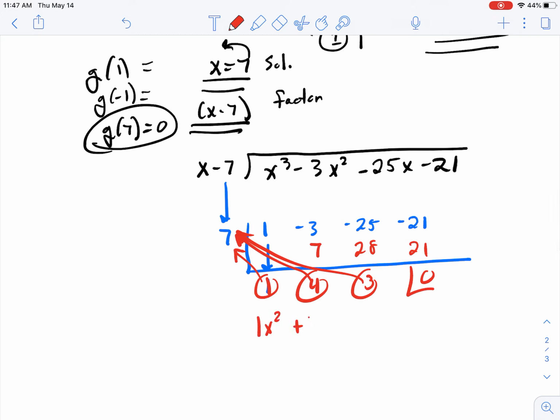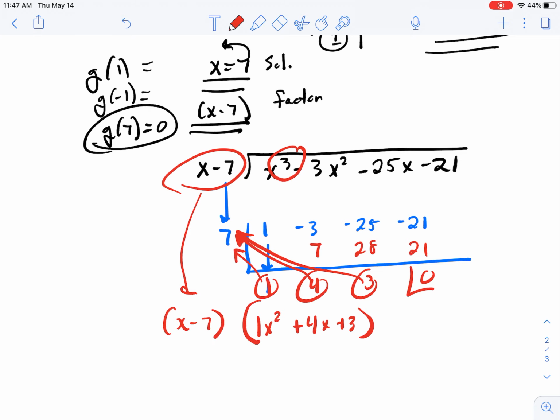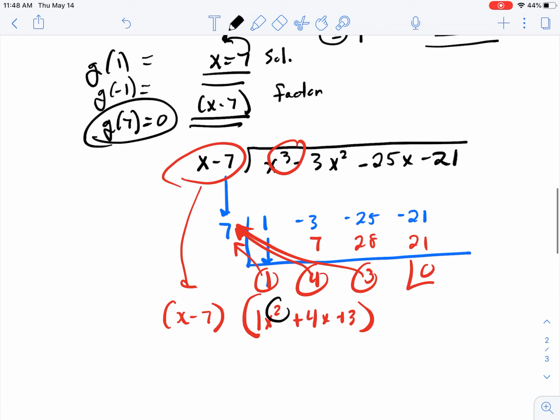So what we have now is 1x squared plus 4x plus 3. So I found one of the 3. Now I've got to find the other 2.